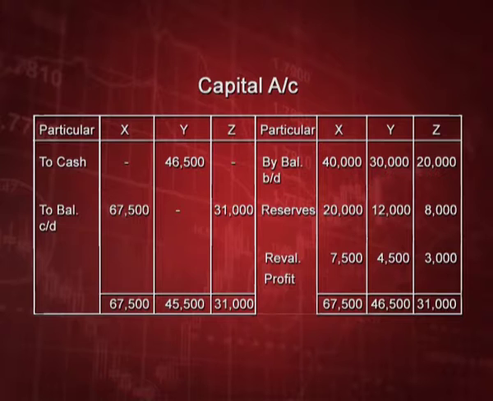Whatever the total is, it will be paid in cash to Y and the remaining partners are still there. So, that will be a balance carried down in the balance sheet. So, Y will be paid 46,500 and the balance will be carried down to the balance sheet in which X and Z are still continuing.